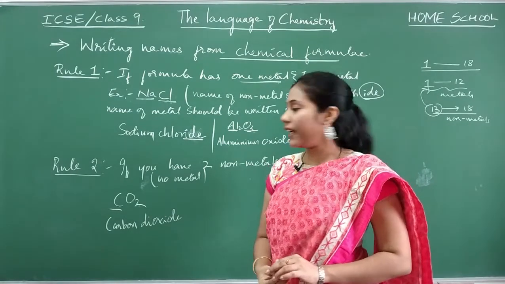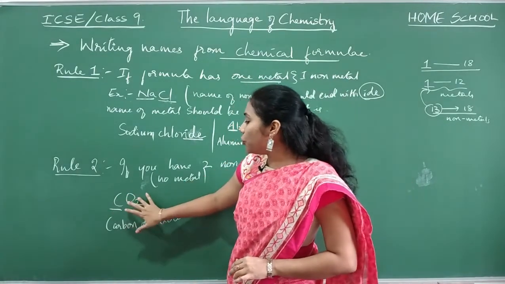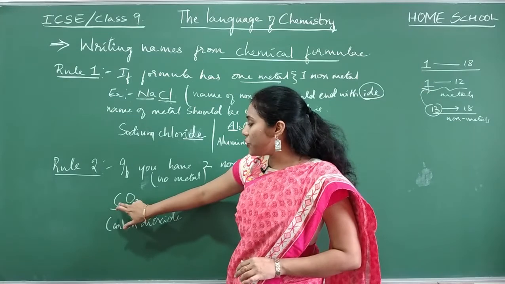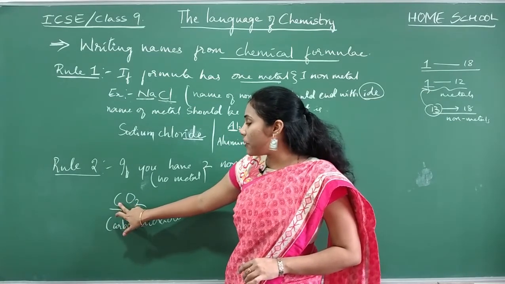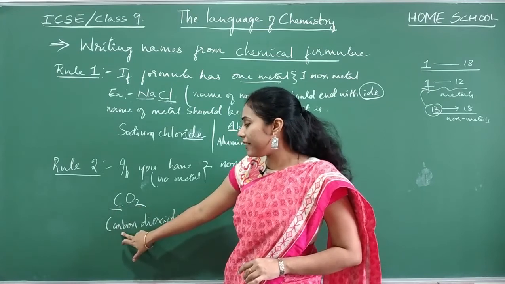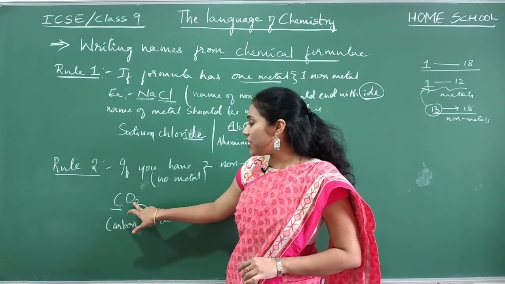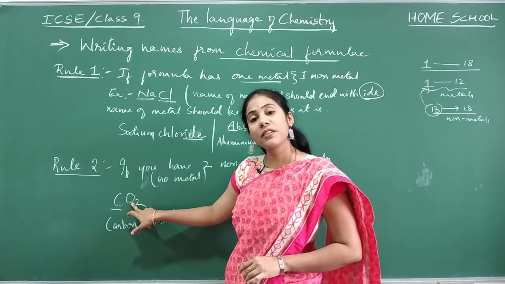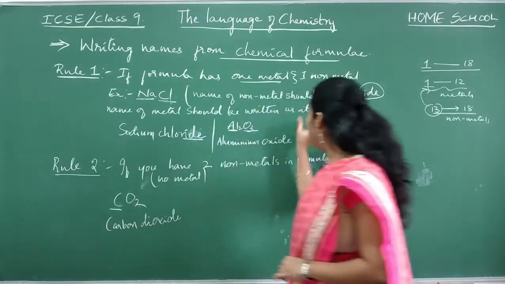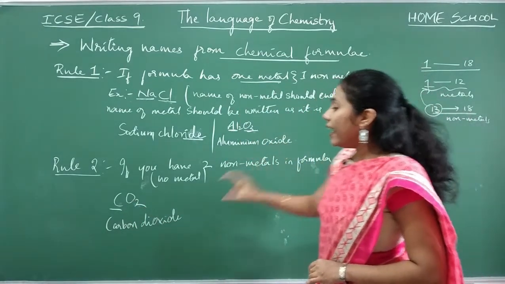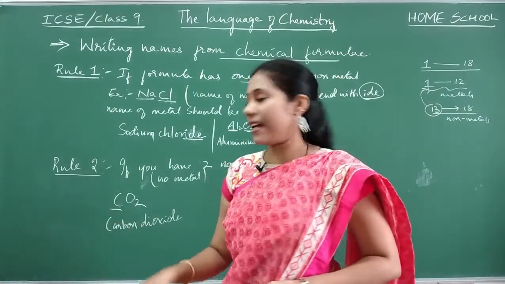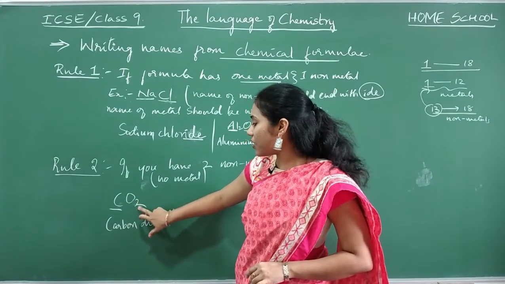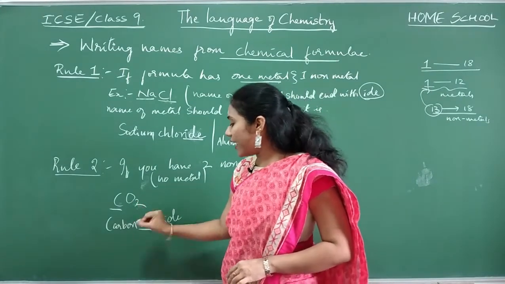Actually, among the two non-metals, one will carry a positive charge and the other a negative charge. The one carrying the positive charge has its name written as it is, but the one carrying the negative charge has a name that should end with IDE. And you have to mention how many negative atoms are there. Here 2 oxygen atoms, so we have used di.